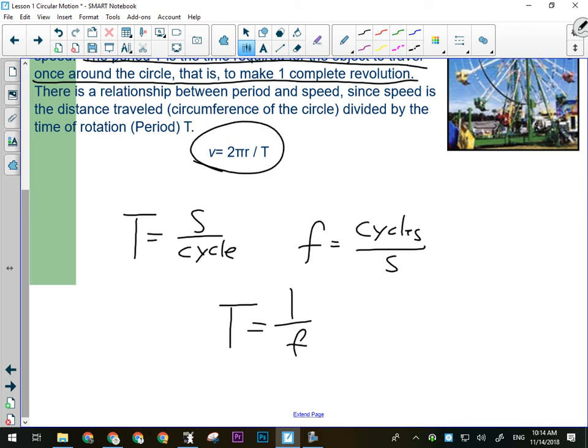T equals 1 over F. If they're the inverse of each other, that would be true. T is the inverse of F, 1 over F. And similarly, F would be 1 over T. So we do use those, not so much interchangeably because they're not exactly the same thing, but they're talking about the same thing from different points of view.